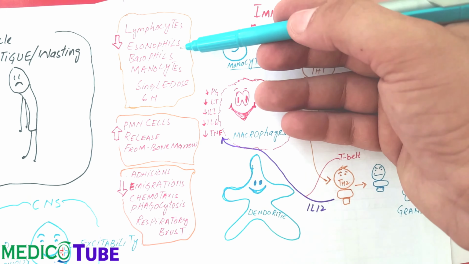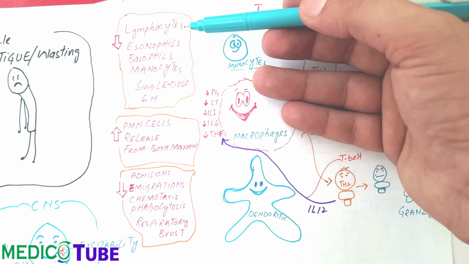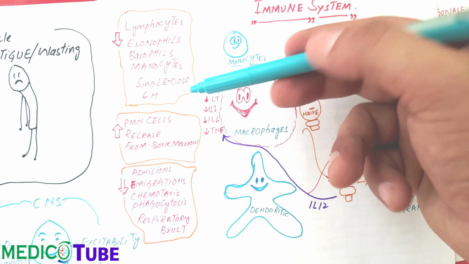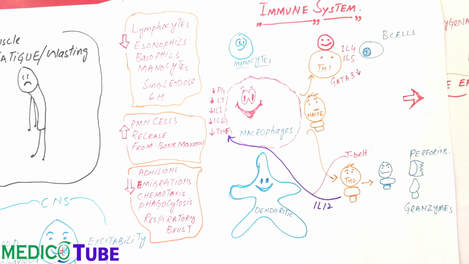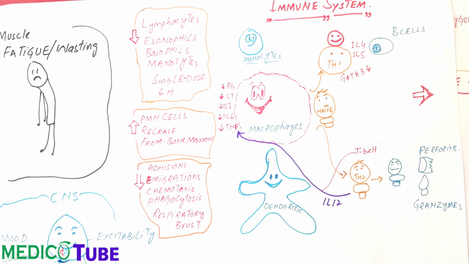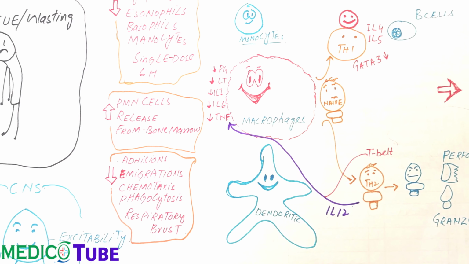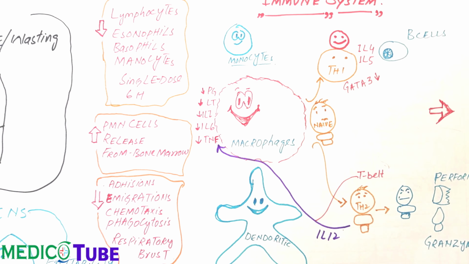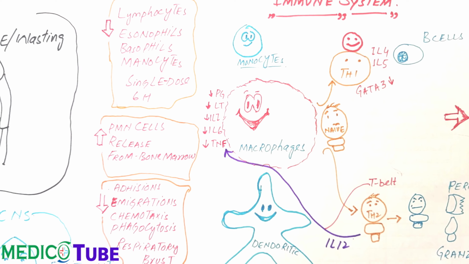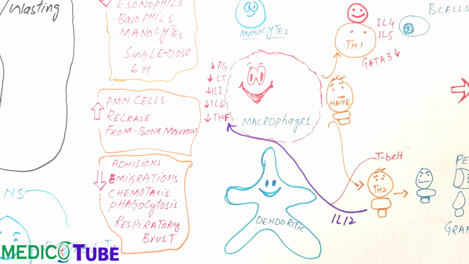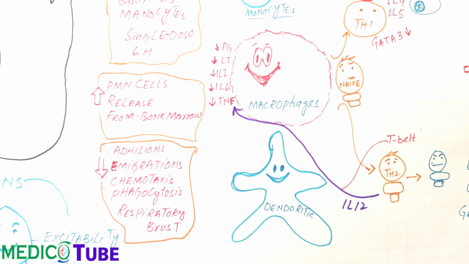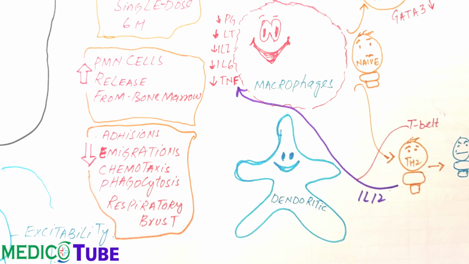They suppress the eosinophils, basophils, monocytes, and they do this in just a single dose within 6 hours. The polymorphonuclear cells, these are the cells that have a nucleus of multiple lobes. These cells are increased in number if you administer steroids.